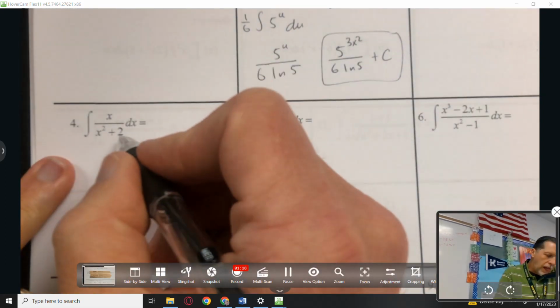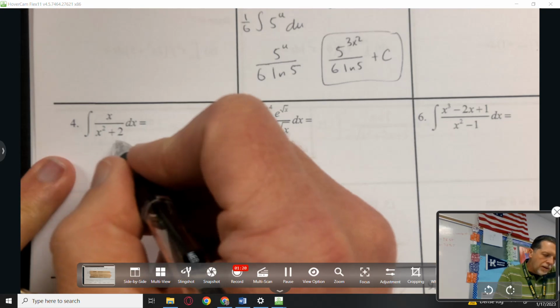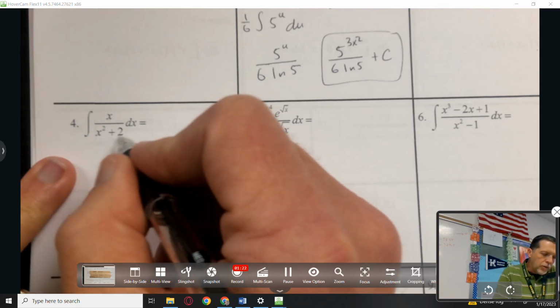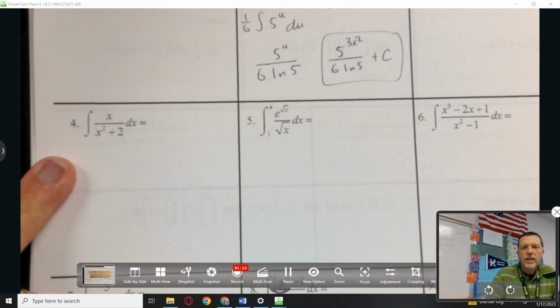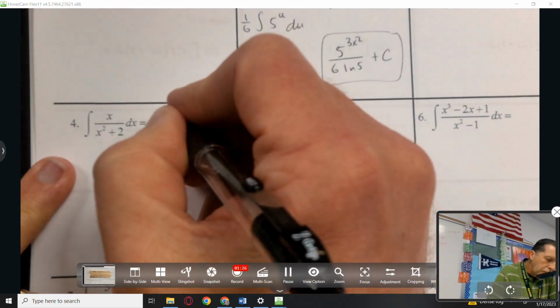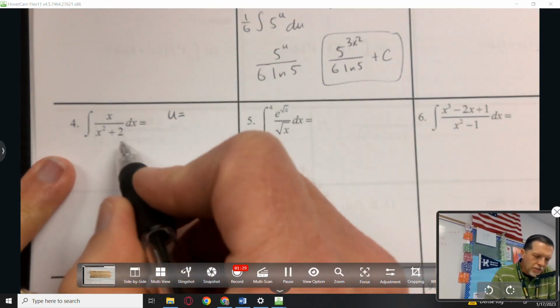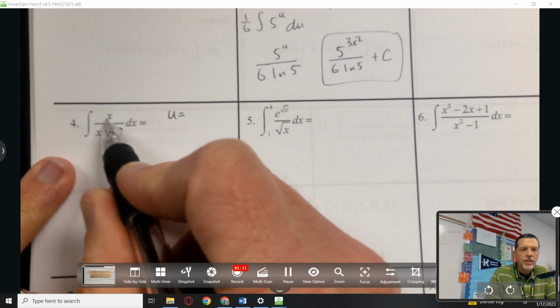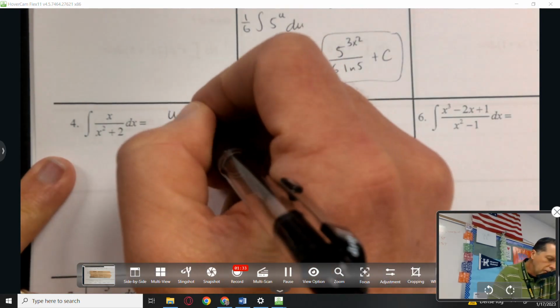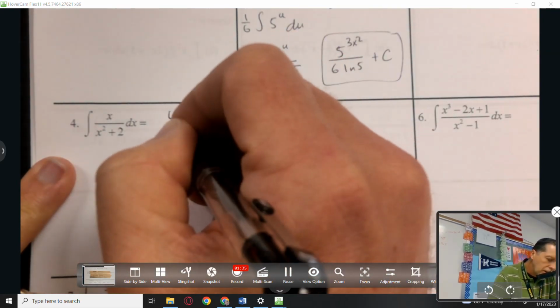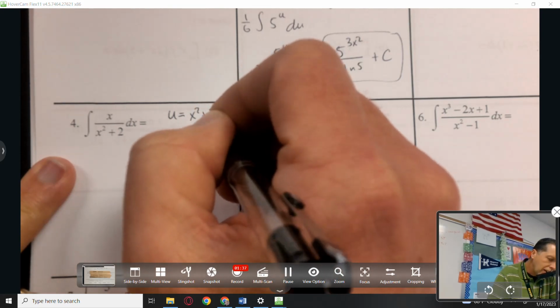Number 4. Again, u du. If you use the bottom, then du is pretty much the top. It looks a little bit like arctan, but arctan wouldn't have an x in the top. So u is x squared plus 2. du is 2x dx.